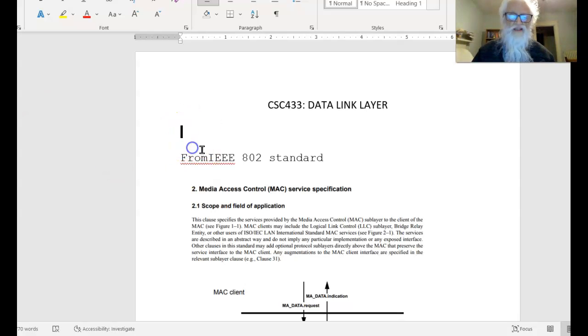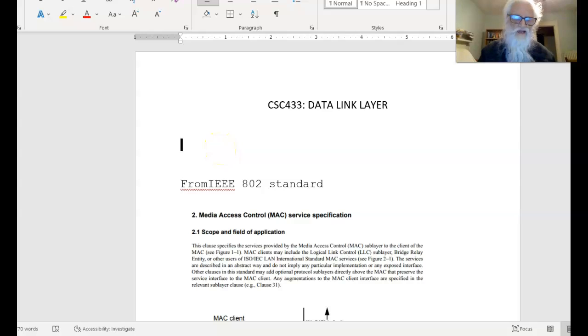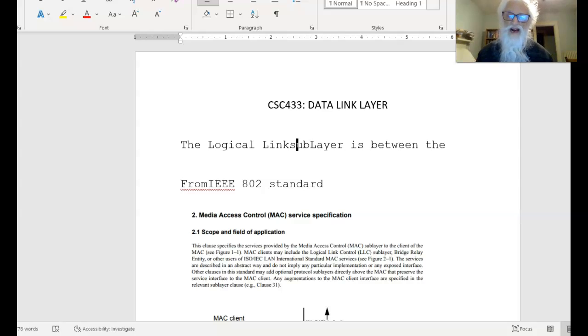So I'll just make a comment here. The logical link layer is between, and I should call it a sublayer, because it's not a separate layer, it's part of the setup here.